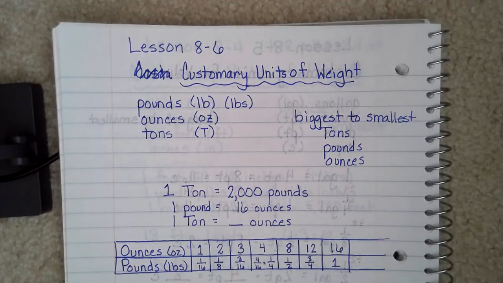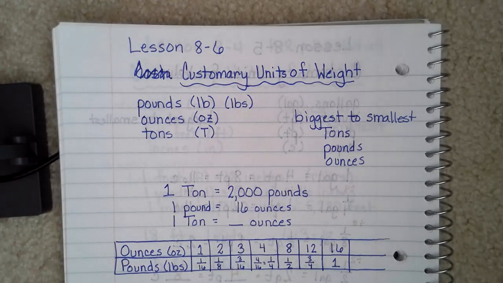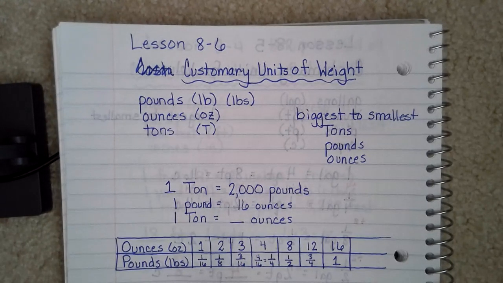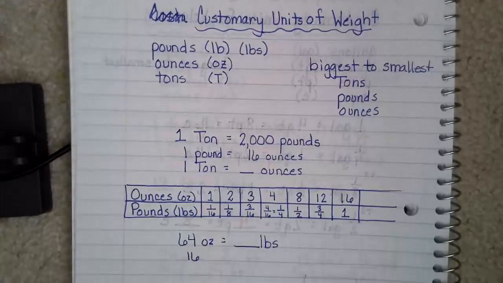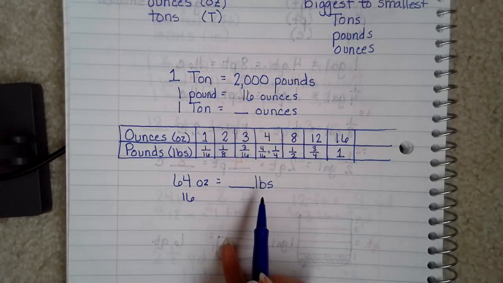All right, so if I have 64 ounces equals blank pounds. So what I need to look at here again is I know that 16 ounces, oops, let's scooch it up so we can see it. 64 ounces equals blank pounds.